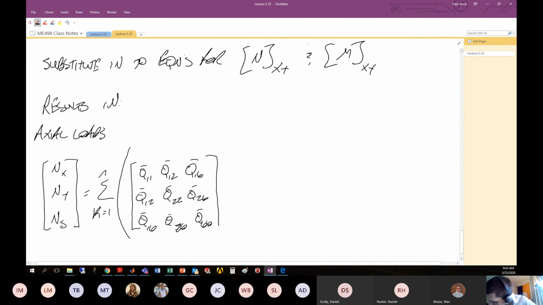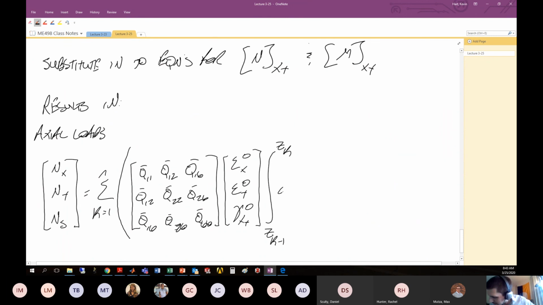This is my Q matrix multiplied by the strain vectors, epsilon x naught, epsilon y naught, and gamma x y naught. Then the mid-plane curvatures multiplied by the integral, which is z K minus 1 to z K of dz. All right. So this is the first portion.